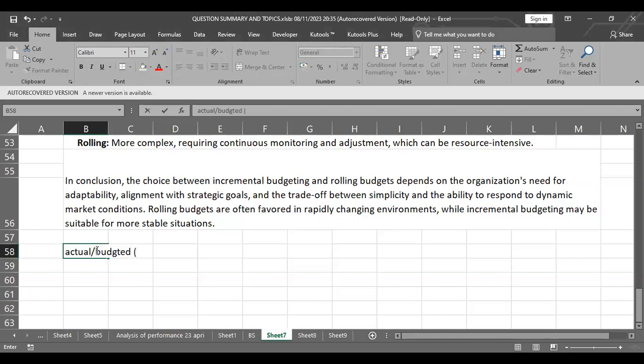Then you subject it to the changing factor, and you get what we call the new value for the next budget.